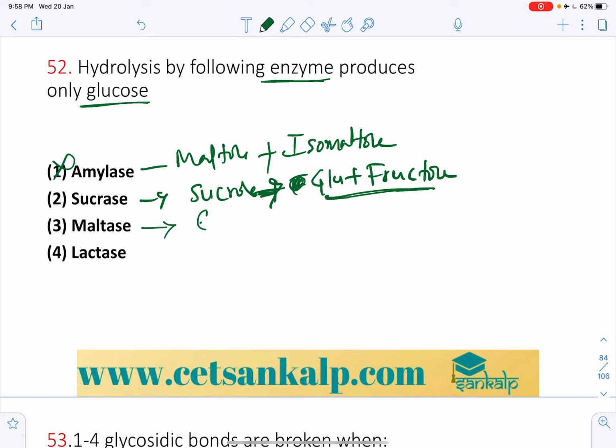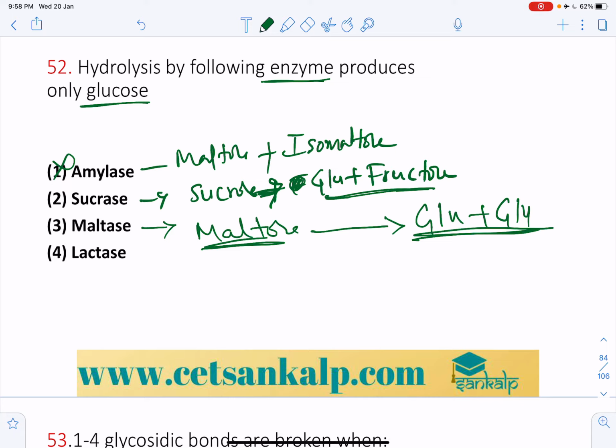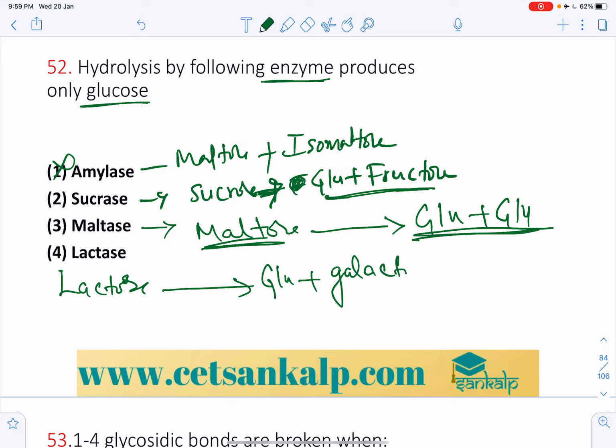Whereas maltase acts on maltose and produces only glucose. Lactase acts on lactose, which produces glucose and galactose. Hence the answer is maltase, only maltase.